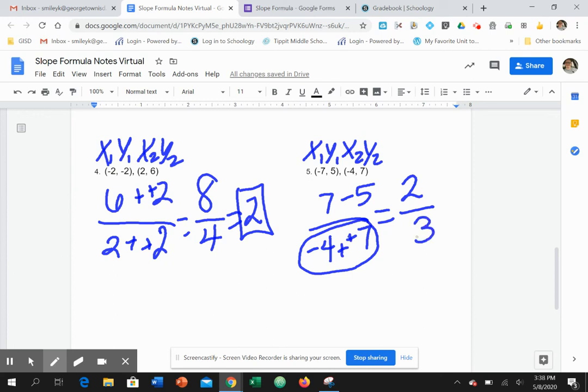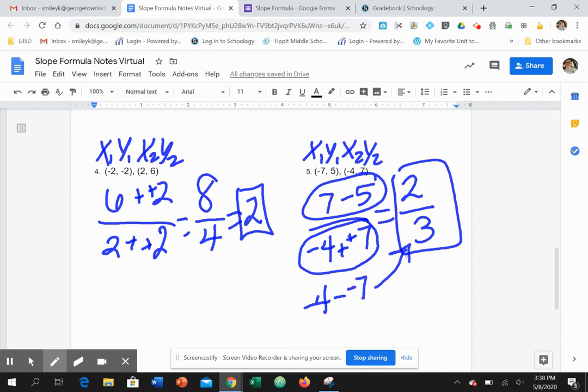You get 3 as your denominator. That will be your answer. Okay, take it apart. Do the top section first, and that's how we got 2. Do the bottom section, and that's how we'll get a 3. If you're typing it into your calculator, you're going to put negative 4 minus negative 7 into your calculator, and it will still give you 3. Okay, if you want to do it by hand, those turn into plus signs.